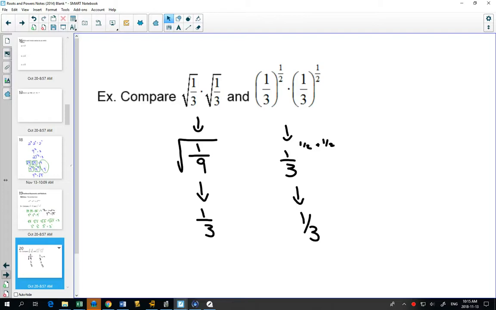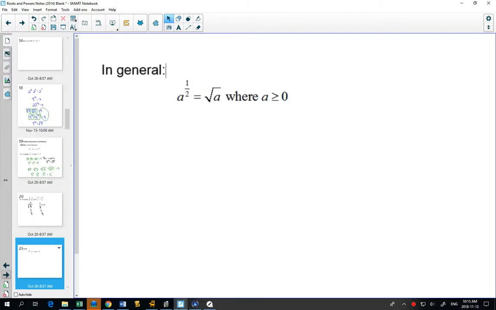So we can kind of summarize this: anytime you have a fraction of a half as an exponent, it's the same thing as a square root.